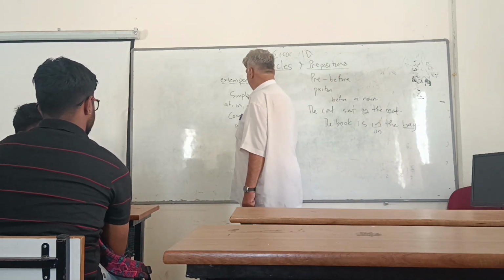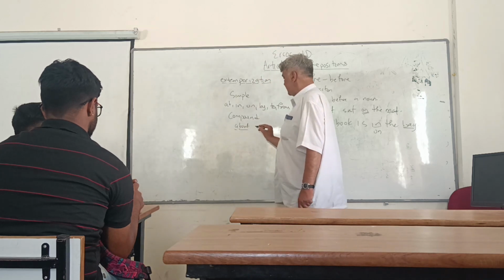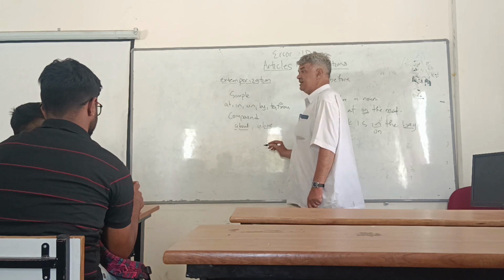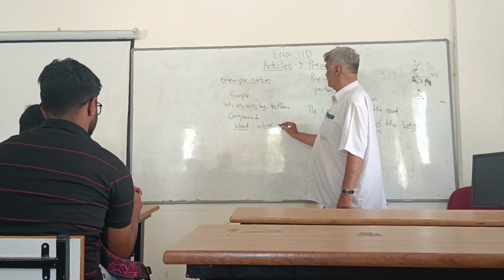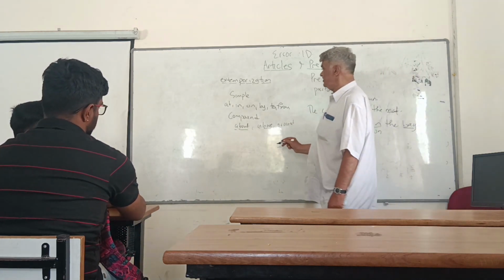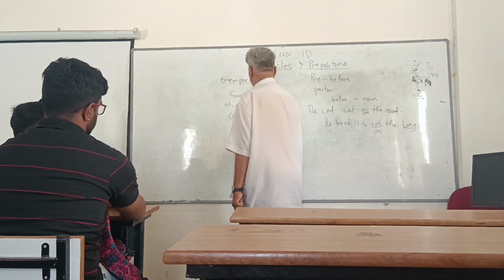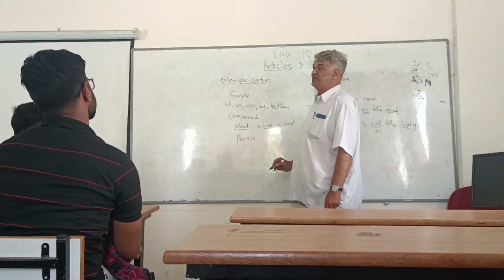For example, you have above, about, and around. So these are compound prepositions. Then we have one group, the last group, which is called the phrase preposition. A phrase is a group of words.